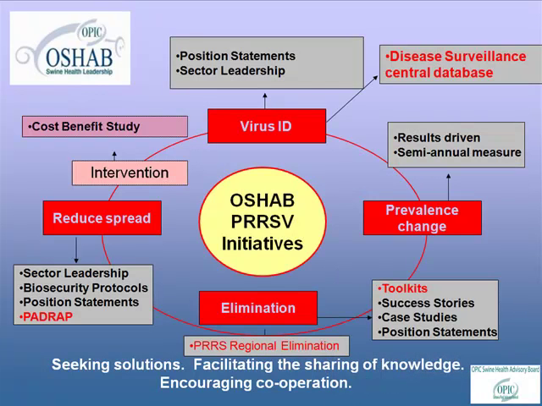This is a busy slide, but basically it shows the OSHAB initiatives over the last 3.5 years, the background that's been established in terms of the tools that have been developed. OSHAB and the Animal Health Lab at the University of Guelph had a project where they established a centralized disease surveillance database.